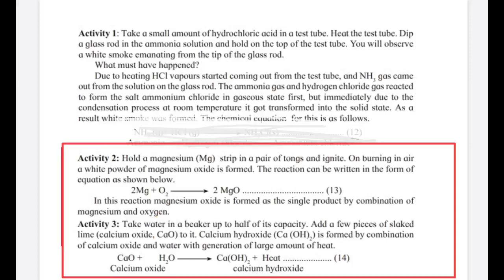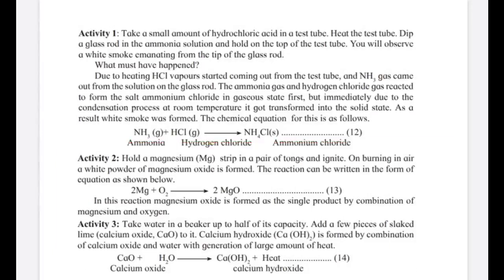For example, 2Mg plus O2 giving you 2MgO, magnesium strip. When burnt in air, a white powder of magnesium oxide is formed. In this case, we can see that the 2 reactants are transformed into a single product.